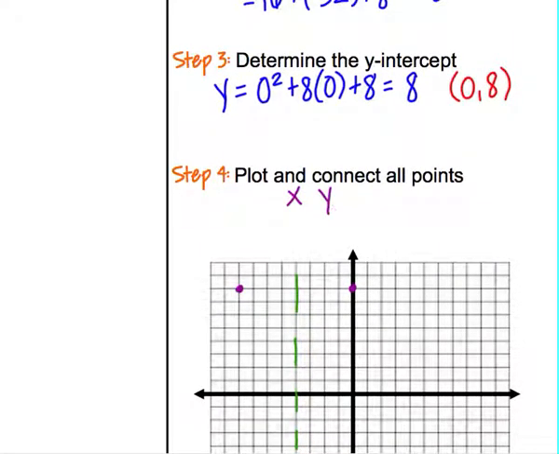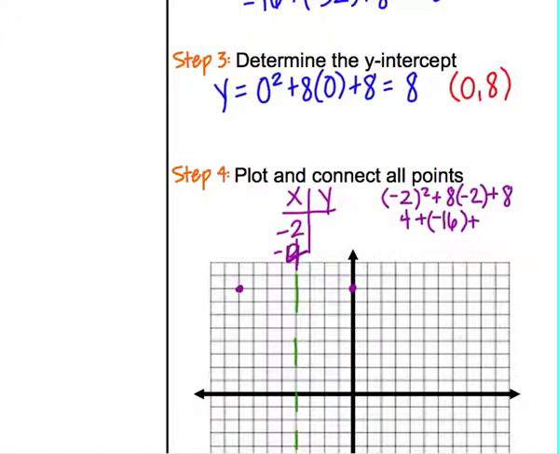And then I'm also going to take the time and make my own little t-chart here, and I'm going to deal with negative 2 and negative 4. And so negative 2 is going to be negative 2 squared plus 8 times negative 2 plus 8. And so negative 2 squared is 4 plus negative 16 plus 8. So 4 plus negative 16 is negative 12 plus 8 is negative 4. So now I have negative 2, negative 4.